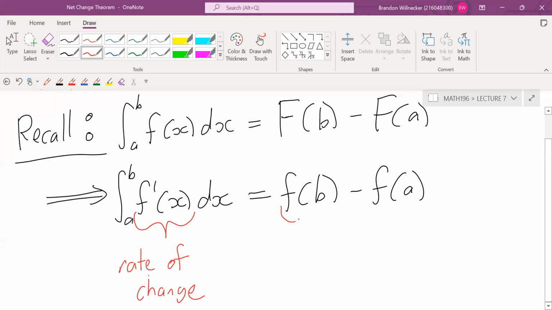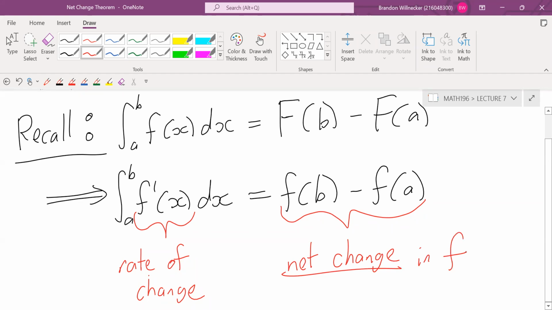Now, what this means is that on this other side, we have f at b minus f at a. So remember, f could be volume or distance or whatever. This gives us the net change. The net change in f. Or you can think of it as f at the final state minus the initial state.